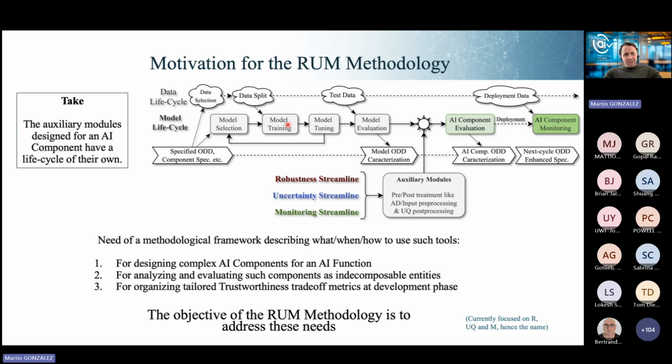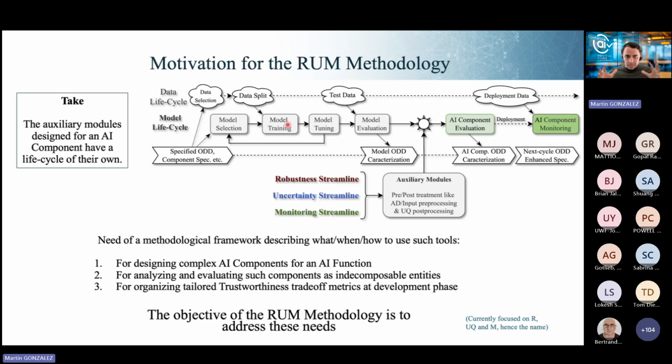So we needed a methodological framework describing what, when, and how to use such tools like Neural DE: one, for designing complex AI components for an AI function; for analyzing and evaluating such components as indecomposable entities; and for organizing tailored trustworthiness trade-off metrics at the development phase.